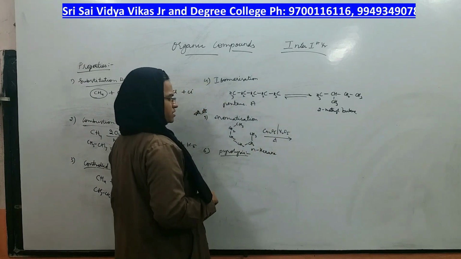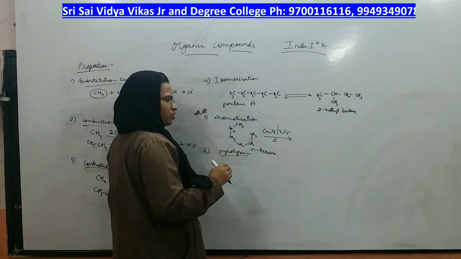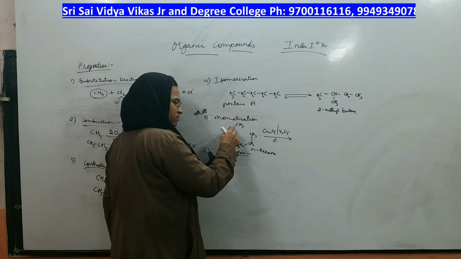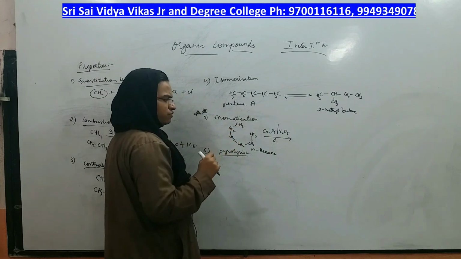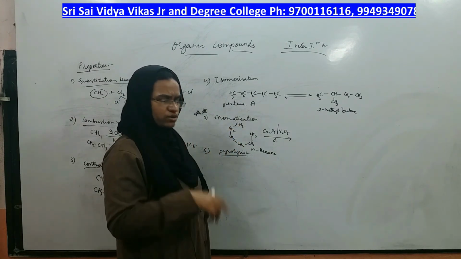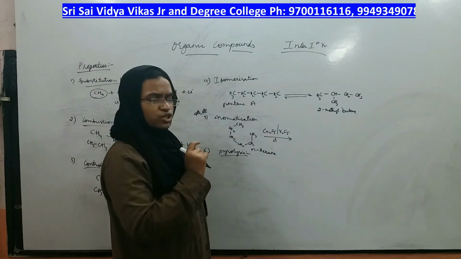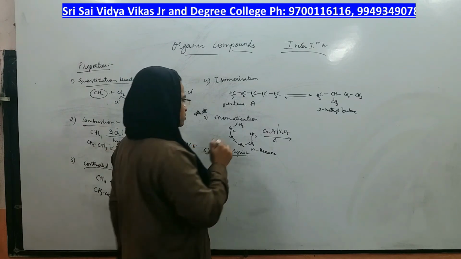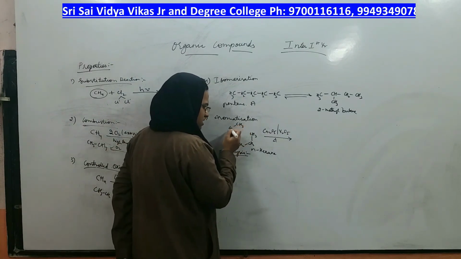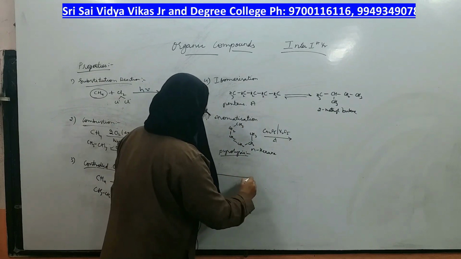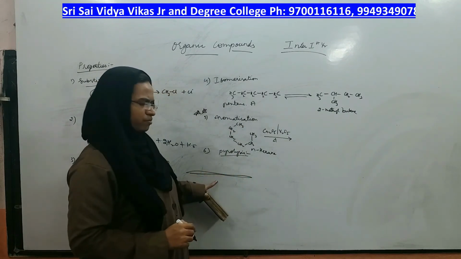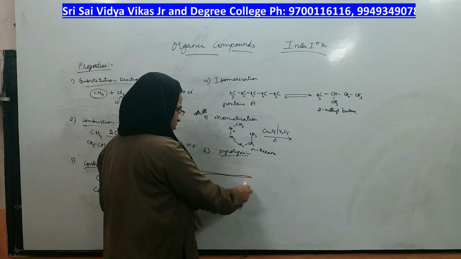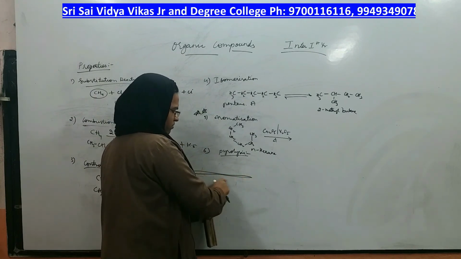At high temperature, aromatization means from each carbon you will remove 2 hydrogens. From each carbon you will remove how many hydrogens? 2 hydrogens. Because this is a straight chain, right? It is this way. This is the compound. To this compound, what you are doing? You are making it a ring and forming pi bonds.